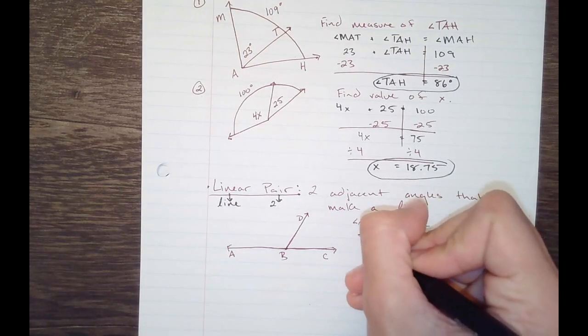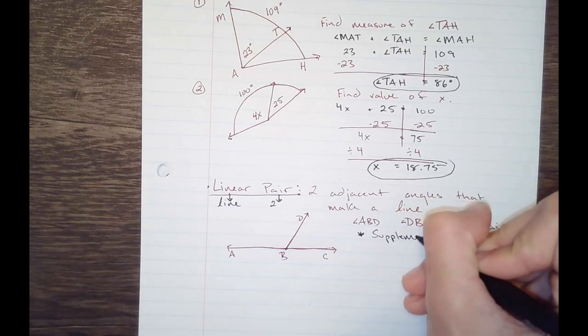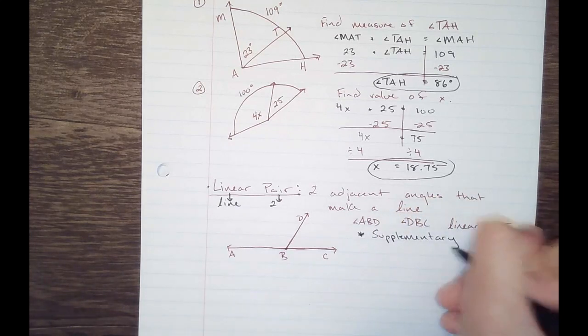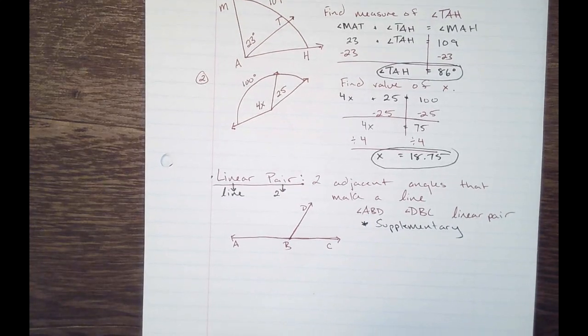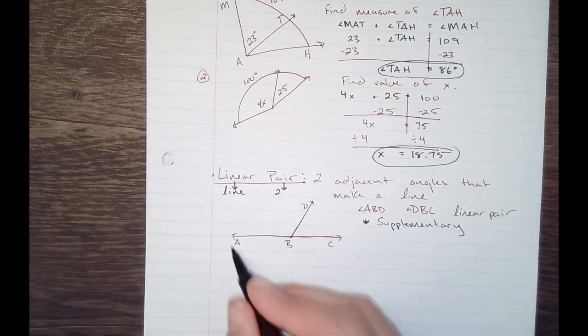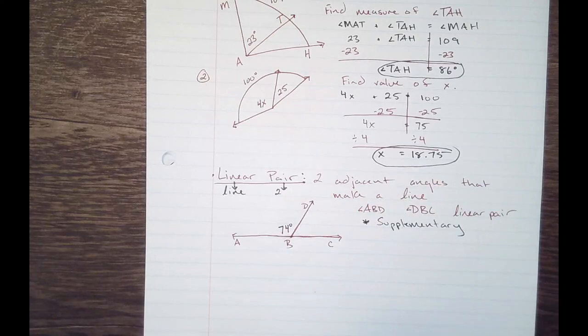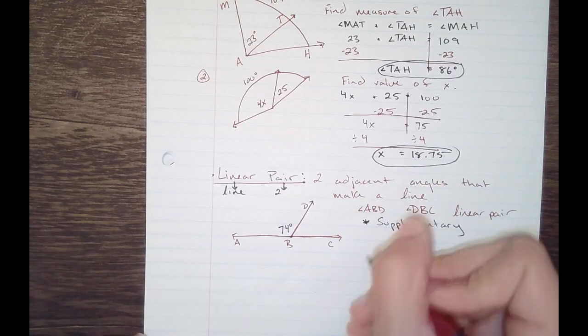So if we know that these two are a linear pair, and let's say we know that ABD is 74 degrees, and we want to find the measure of angle DBC.